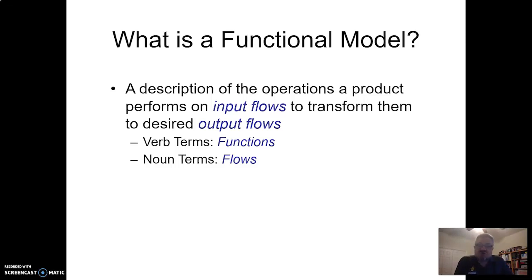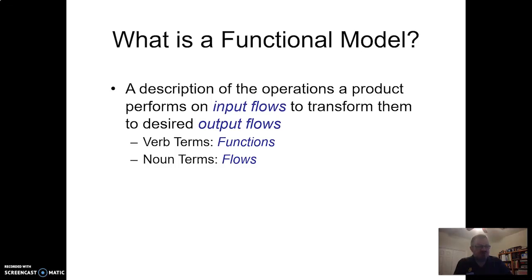Functions are always expressed in a verb-noun pair. The verb is the function and the noun is the flow. That's what differentiates this particular functional modeling method from some others. You might also see one called the Functional Analysis System Technique, or FAST diagram. They also recommend modeling function as a verb-noun pair, but they're not as specific on this point that the noun is always a flow.